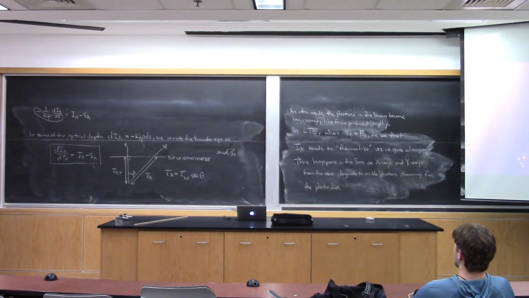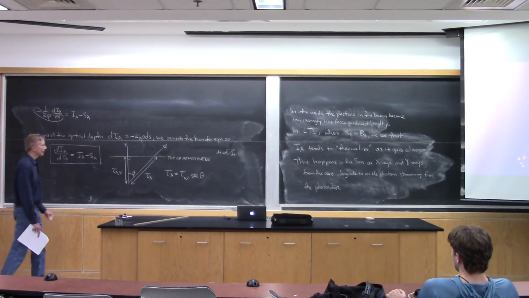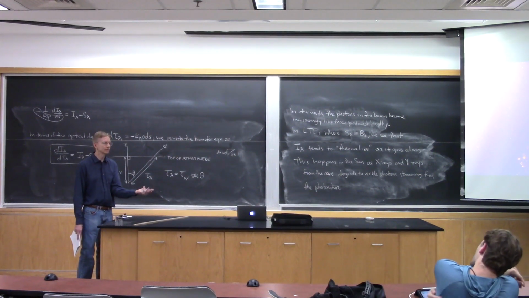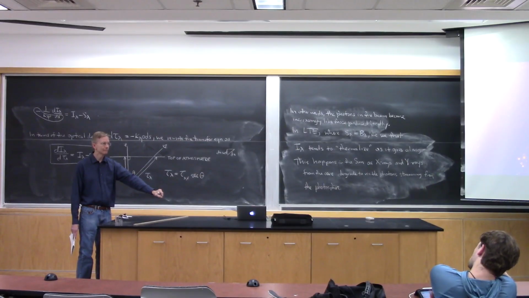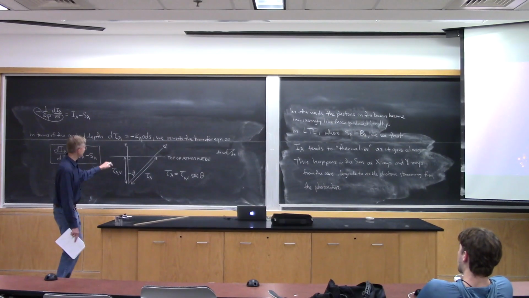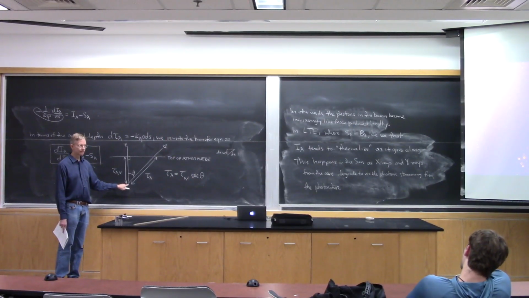Yes, question? Why do we have the actual optical depth? So in other words, I'm looking along some particular line of sight, what's the optical depth of that thing down there? And I want to relate it to, what if I instead were looking straight down at that same point?